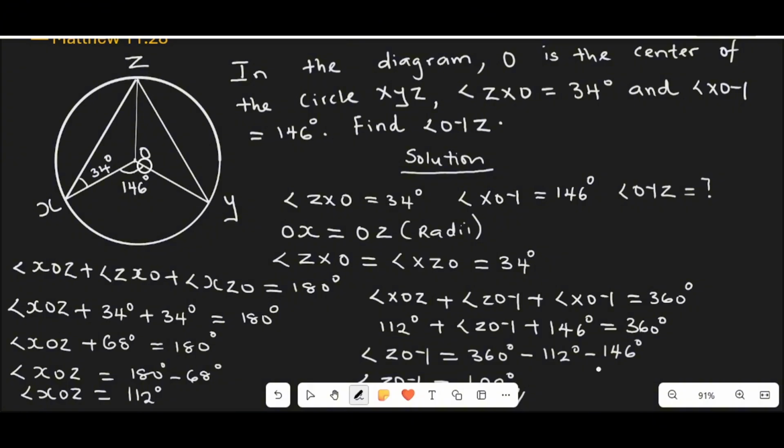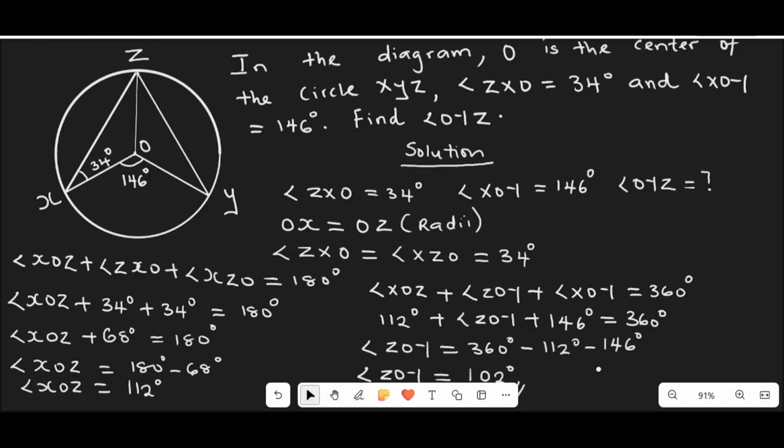Also, I want you to note that OY is equal to OZ because both are radii of the circle. That means that triangle YOZ is an isosceles triangle and angle OYZ is equal to angle OZY because base angles of an isosceles triangle are equal to each other.